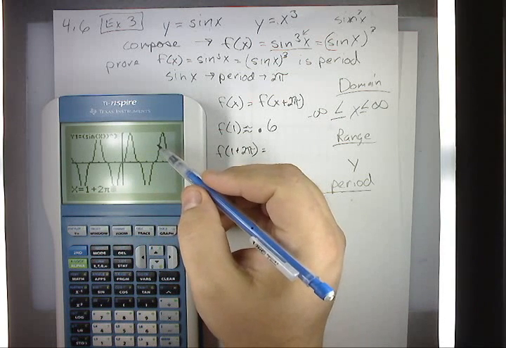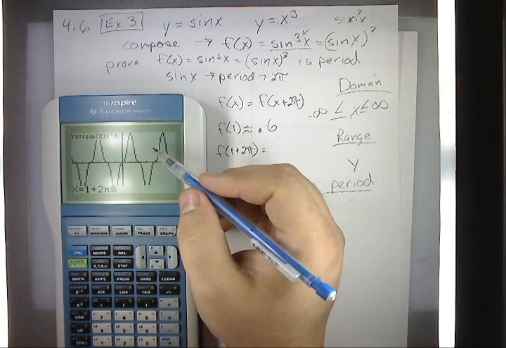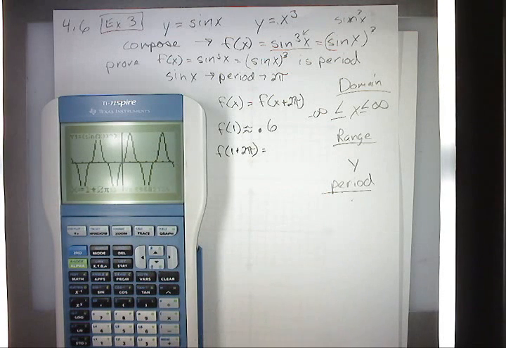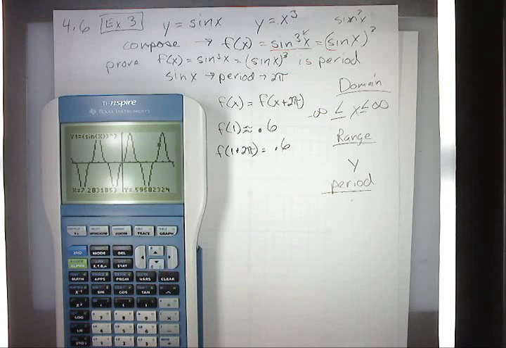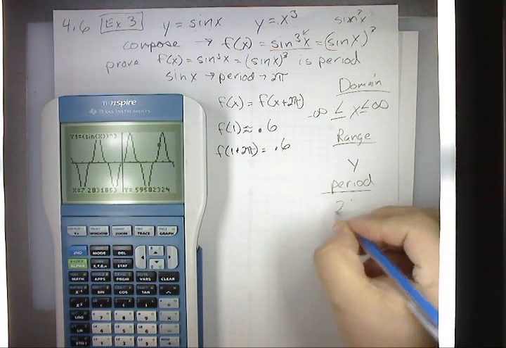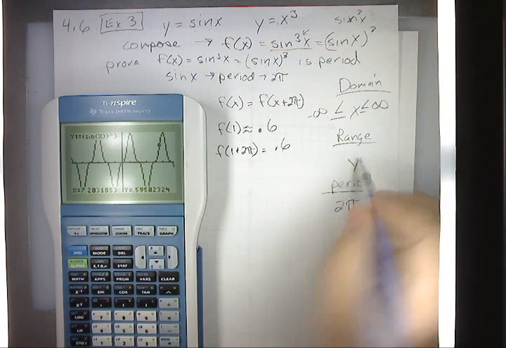Because we're dealing with trig functions, it's always going to involve pi. 2 pi may be the answer or may not. In this case it looks like it is, because it shifted over exactly 2 pi in the x direction, and my corresponding y value is approximately 0.6. So it does appear that the period is 2 pi. One wavelength is equal to a period.